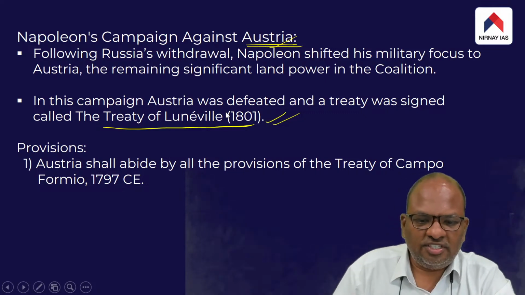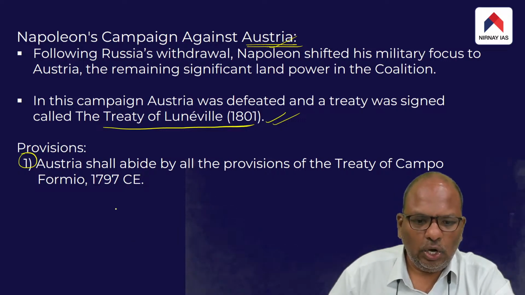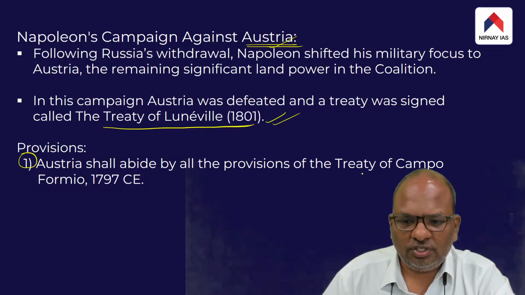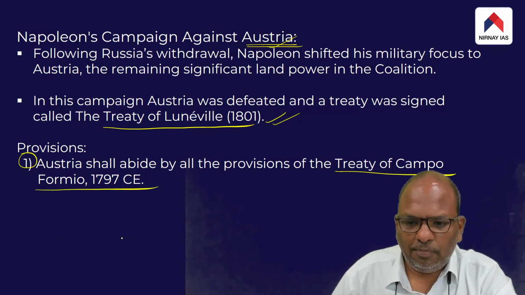This Treaty of Lunéville had only one provision, that is, Austria shall abide by the provisions of the Treaty of Campo Formio. So what is this Treaty of Campo Formio?